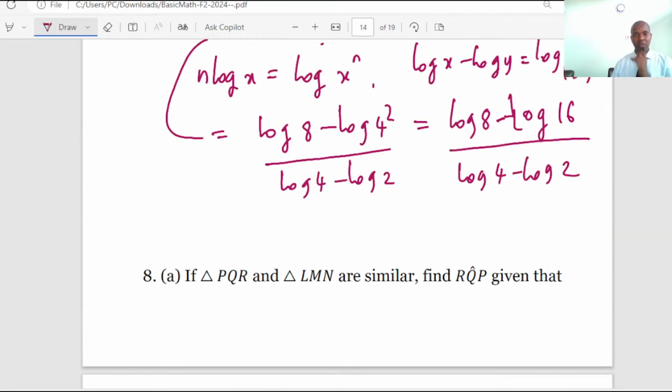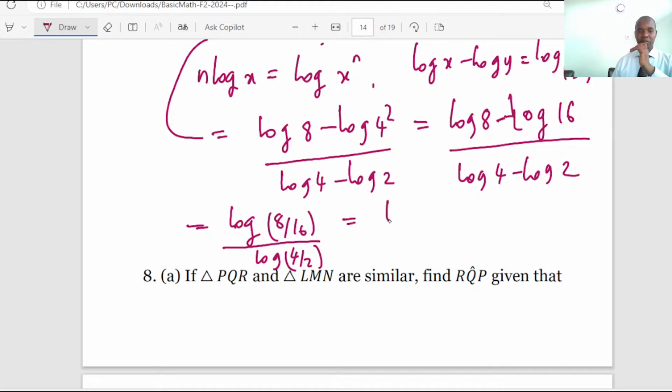You're going to use now the quotient rule, so that this is going to be equal to log of 8 over 16 divided by log of 4 over 2. And this is going to be log of a half divided by log 2.